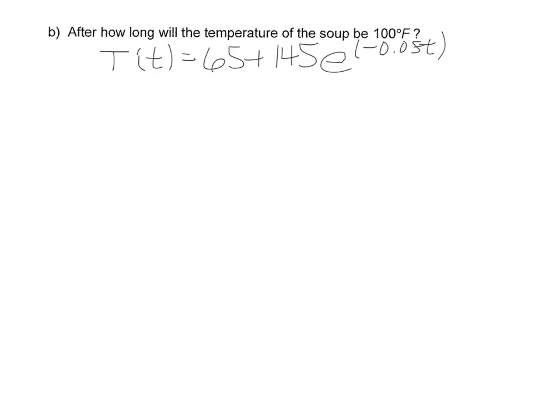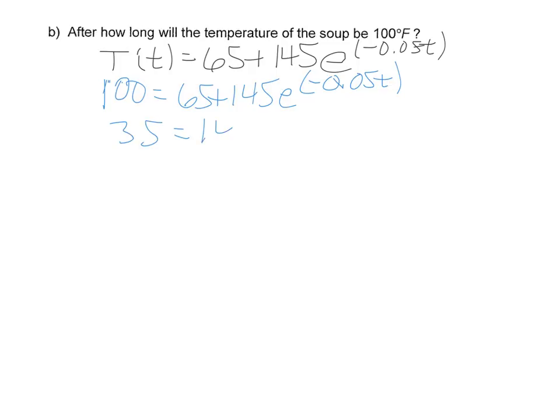We are ending up with 100. 65 plus 145 e to the negative 0.05 t, and we need to solve for t. So you would subtract 65 from both sides, and that would give you 35 equals 145 e to the negative 0.05 t. Then divide both sides by 145, and you can reduce the fraction if you want to. It's not really necessary.